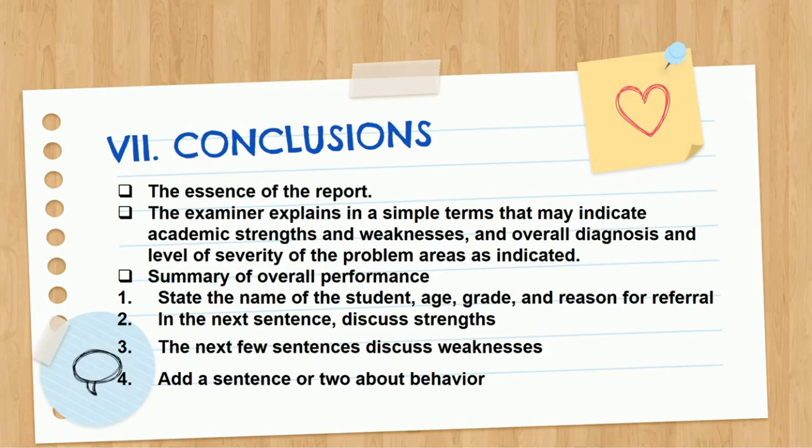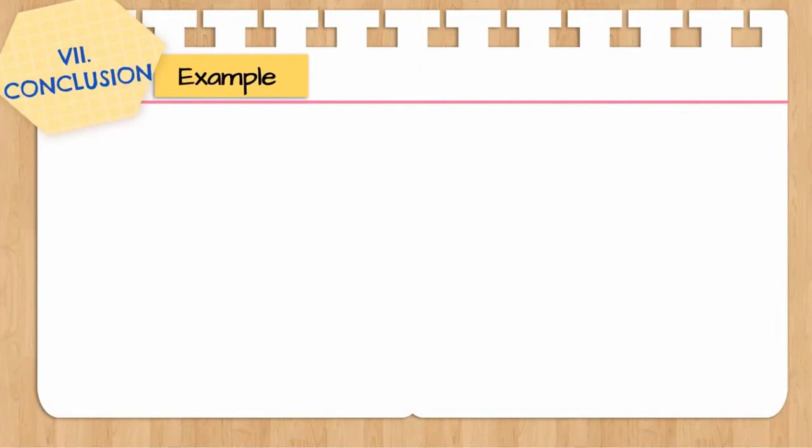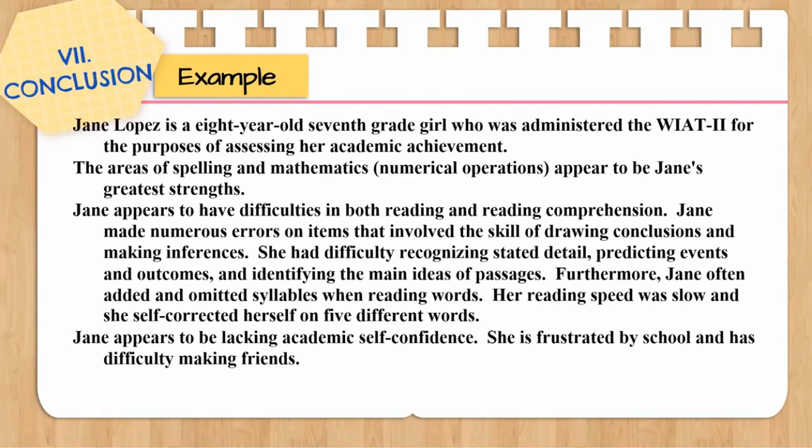And in the next sentence, you have to discuss its strengths. And in the next few sentences, you will be discussing its weaknesses. And you should also add a sentence or two about the behavior of the student. So this is an example of the conclusion.